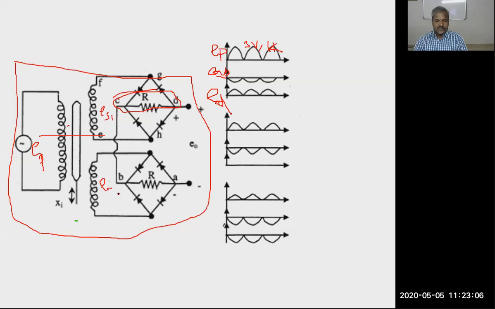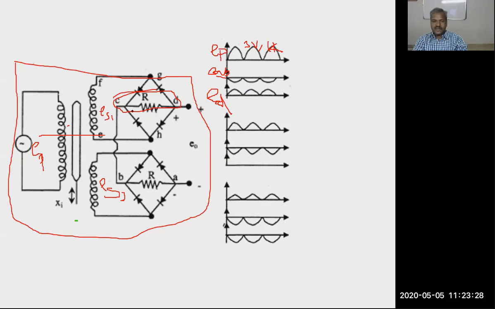So when the core is at null, ES1 and ES2 are equal.